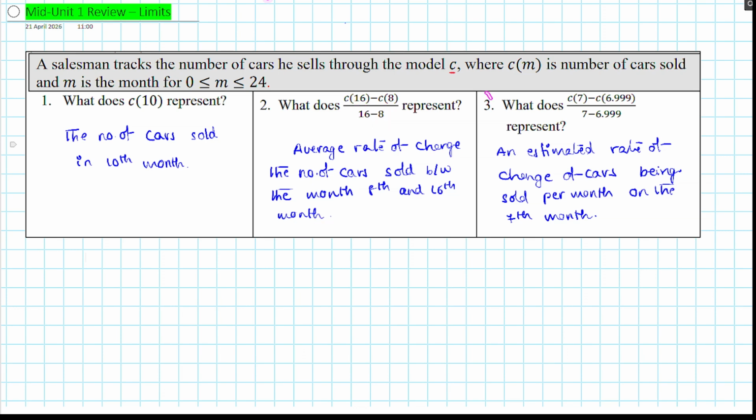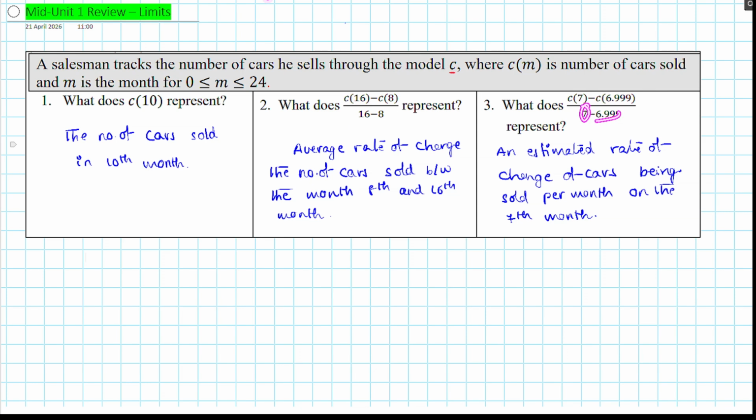And let's move to the third one. Here you can see C of 7 minus C of 6.999, which is very close to 7, right? That means this average rate of change is the estimated rate of change of the number of cars sold at month 7.